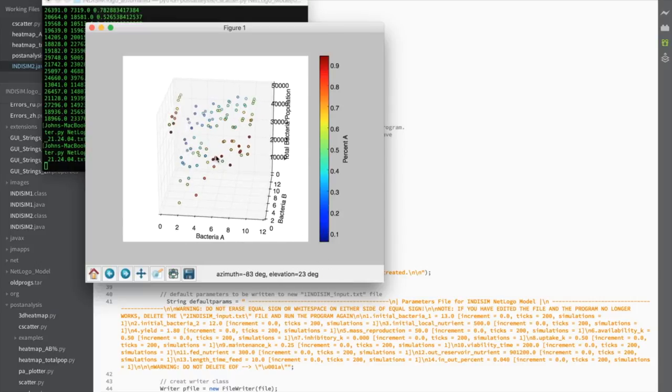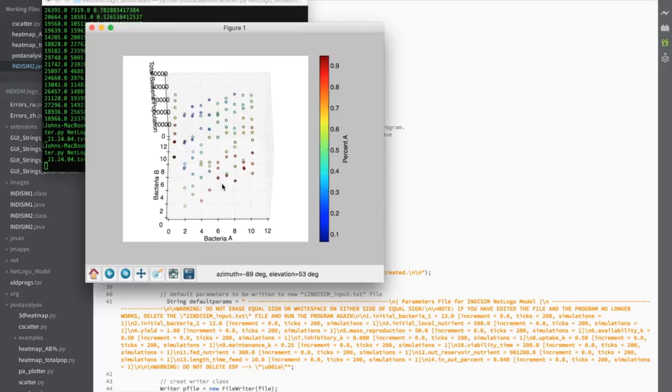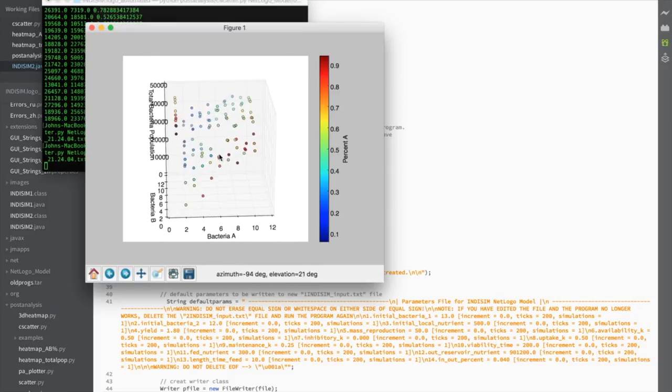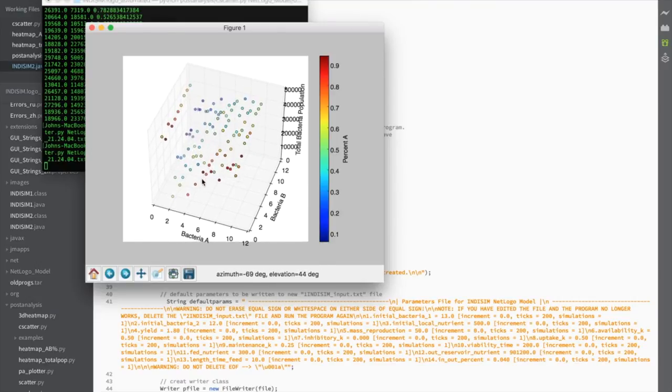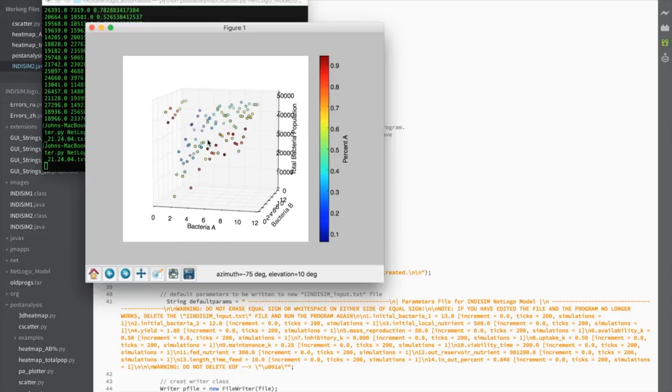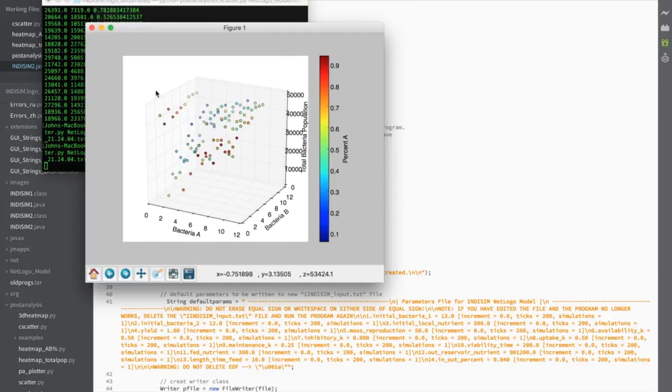It becomes very clear what regions possess what fraction or what composition of these two types of bacteria. Plus, in the scatter plot, we not only have that, but we also can compare that to the actual final total bacteria population.